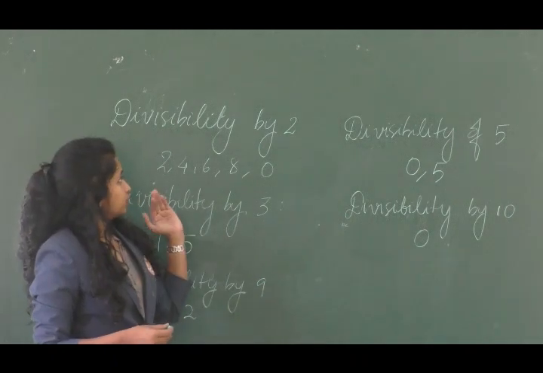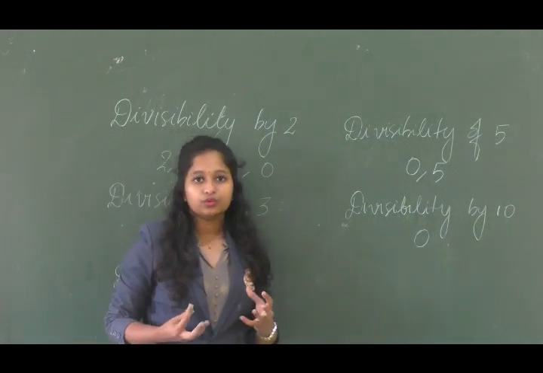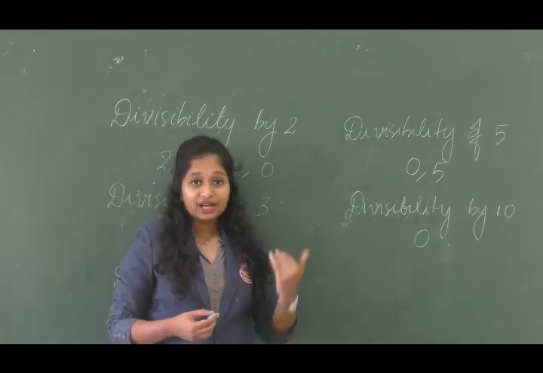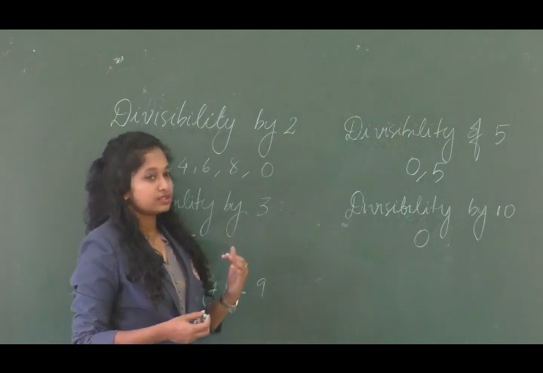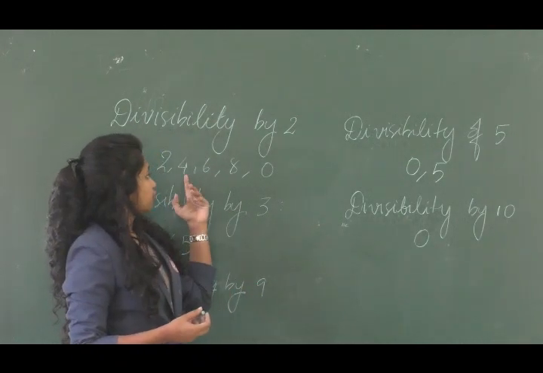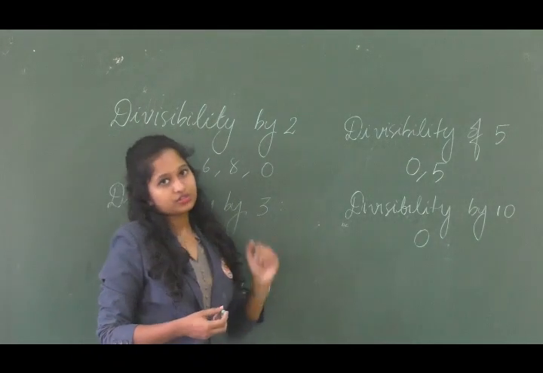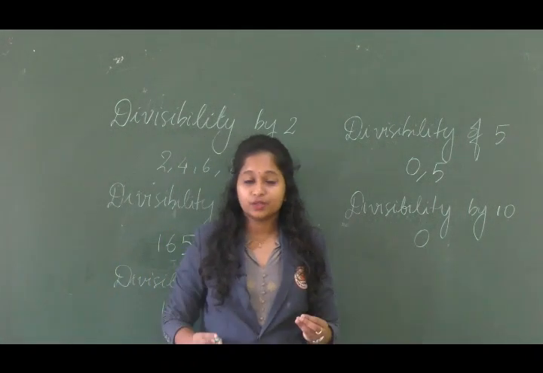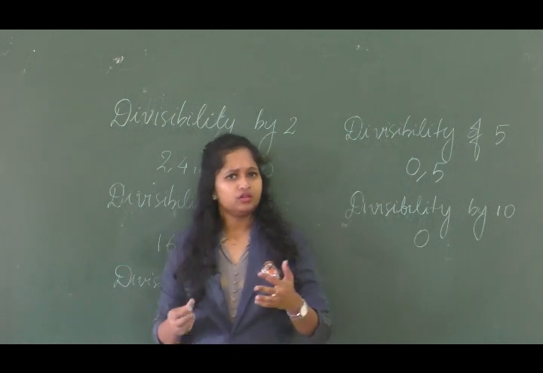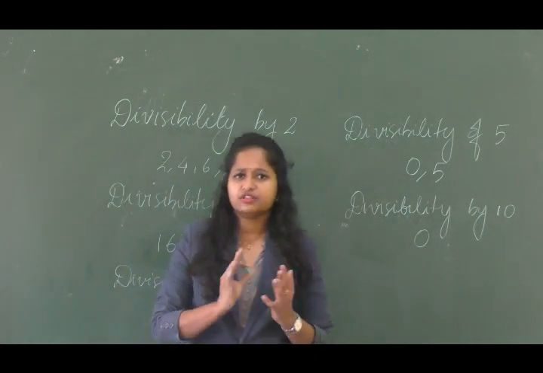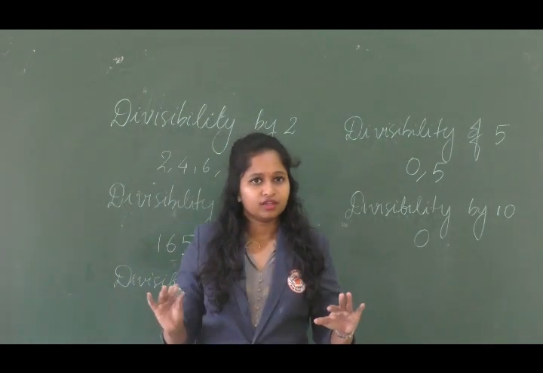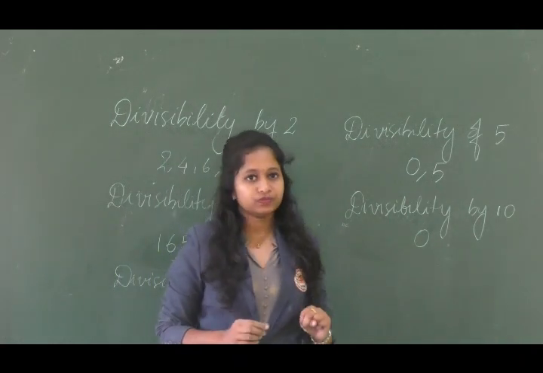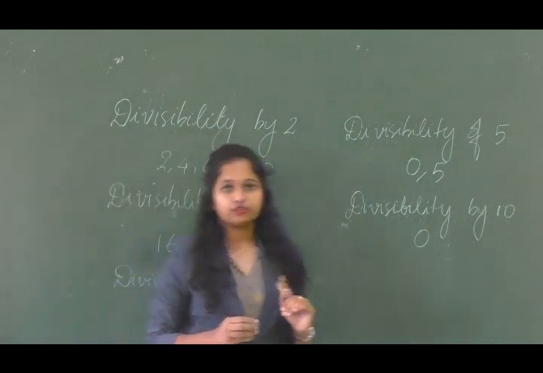Okay, so how to know whether a number is divisible by 2? If the last digit of the number is 2, 4, 6, 8 or 0, we can conclude that that number is divisible by 2. Or if the number is an even number, then you can conclude that that number is divisible by 2.